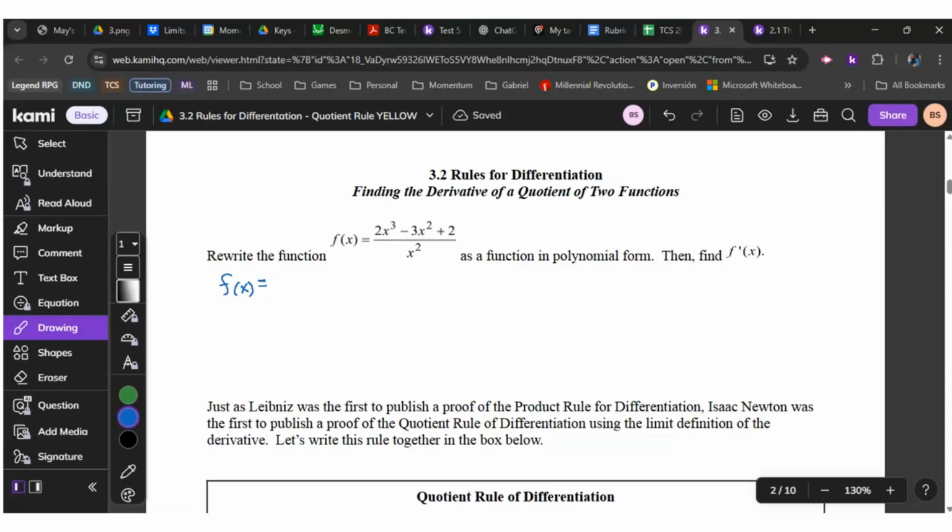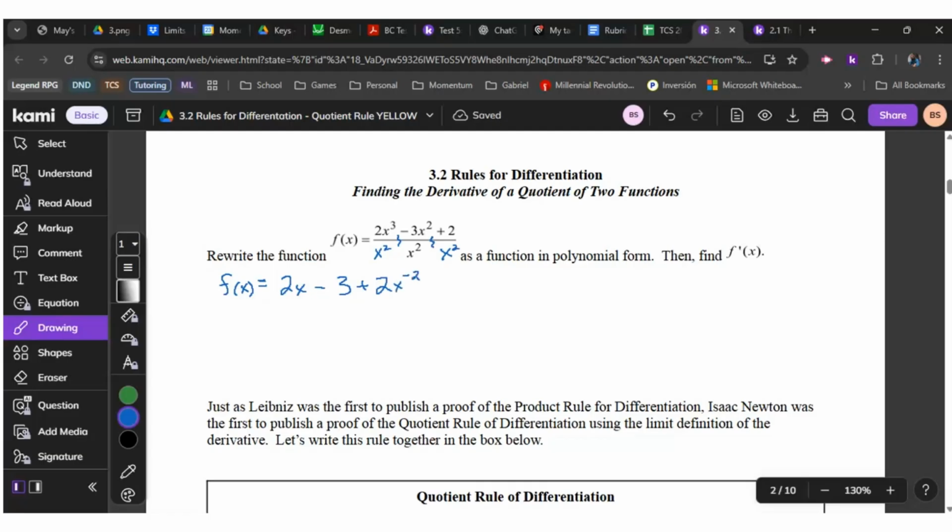Fair enough. All right. Anyway, let's get back on track. So the first thing I'm going to do is rewrite this, basically without the common denominator, right? We've done this before where we split this into 3 separate fractions. So this would be 2x minus 3 plus 2x to the negative 2.